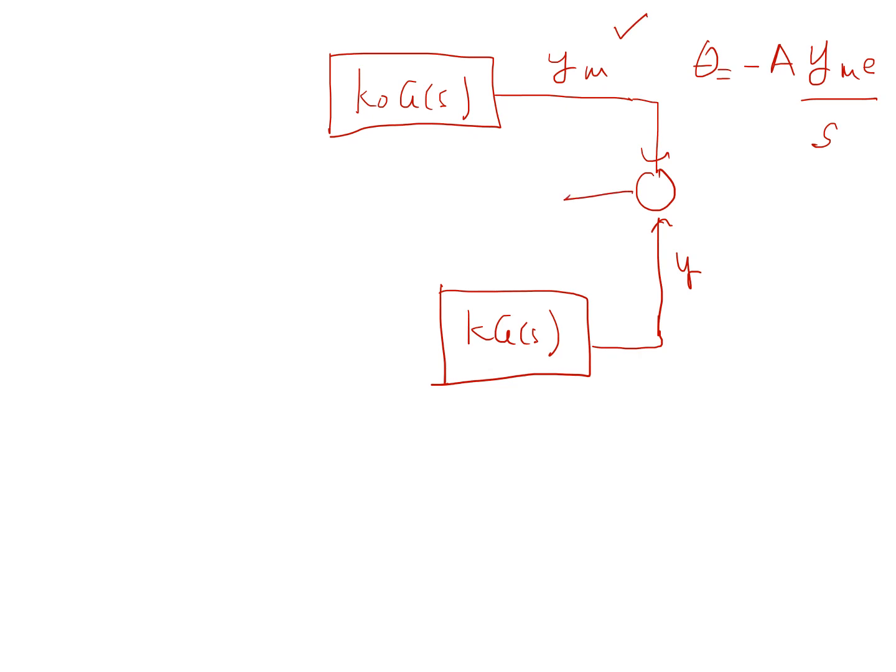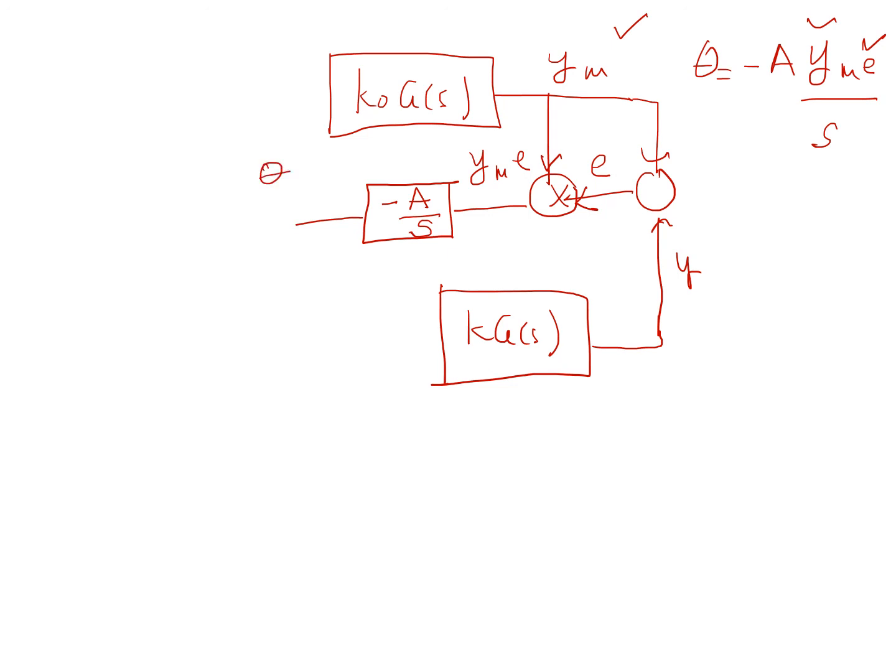Ym times error gives ym e, and in the block, negative a over s, so the output theta is equal to negative a ym e over s.